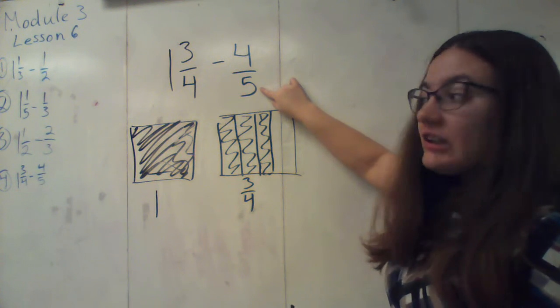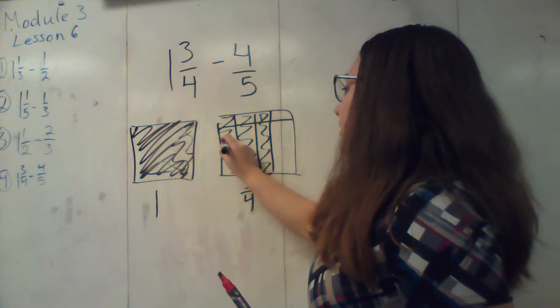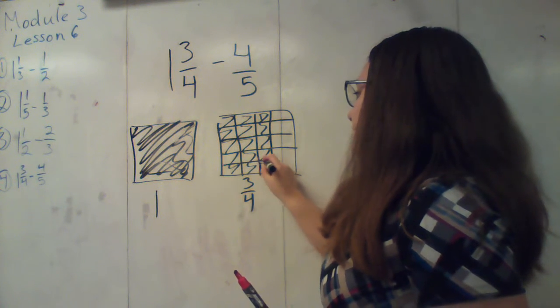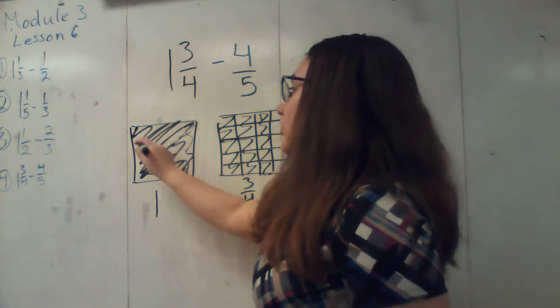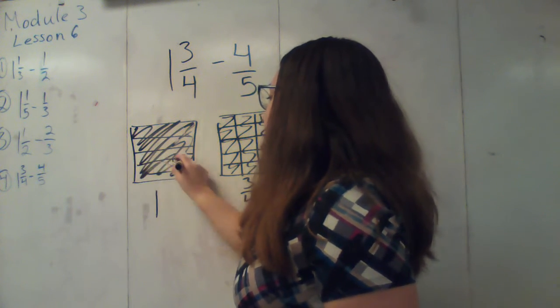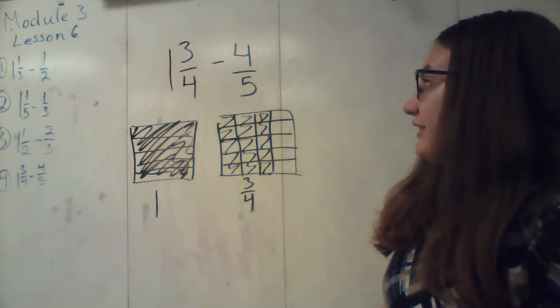So to show you what that would look like, I have to horizontally cut each of my models into fifths. So I have this one cut into fifths, and now I need to cut my whole into fifths. Now I have both of them cut into fifths.